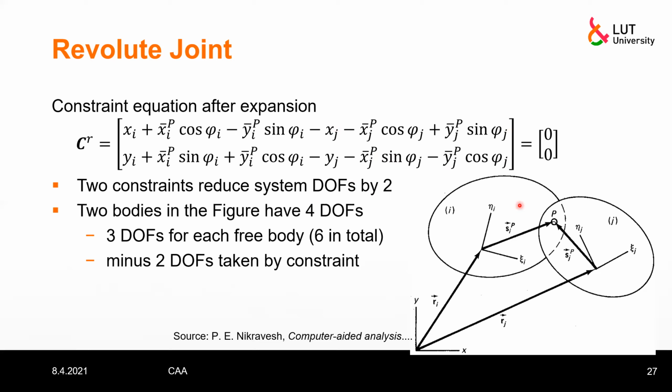So here we have two bodies, and that system of two bodies connected with one revolute joint has 4 degrees of freedom, because a free body in the planar case has 3 degrees of freedom, 2 translations and 1 rotation. We have two bodies, so 6 degrees of freedom minus 2 constraints, or 1 constraint with 2 equations. In total, we have 4 degrees of freedom.